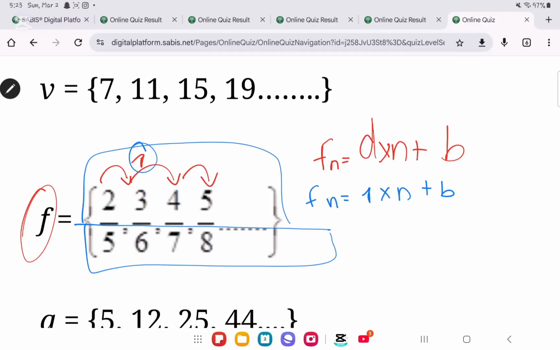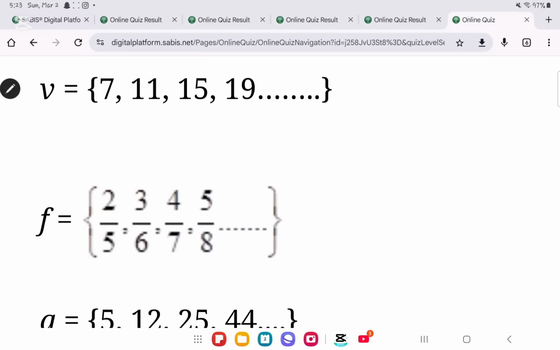We choose any random one, for example the first one. So f1 is 2. 2 is equal to 1 times 1 plus b. So then you get the value of b is 1. So that means the equation is fn is equal to 1 times n plus 1, or very simply, fn is equal to n plus 1.